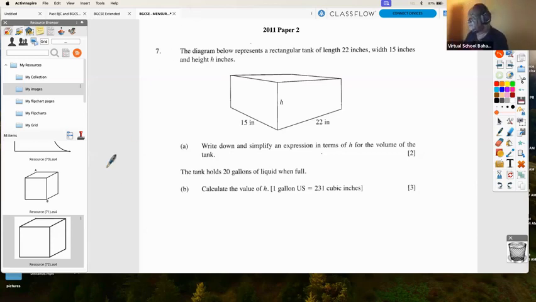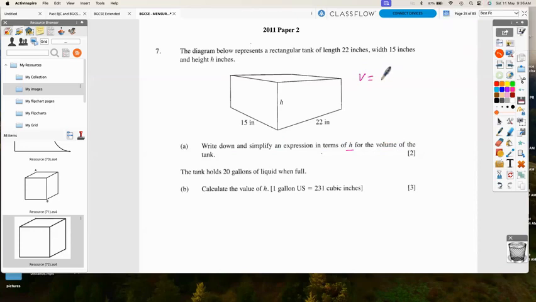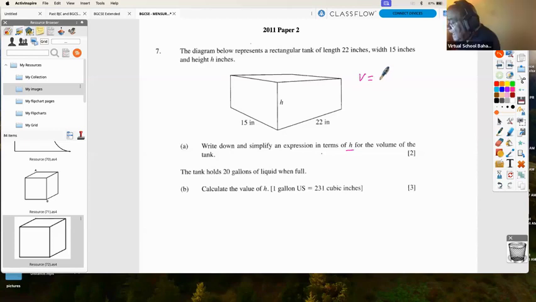All right. The first part: write down and simplify an expression in terms of h for the volume of the tank. So what would be that volume? You can always write volume equals to what? Length times width multiplied by height.